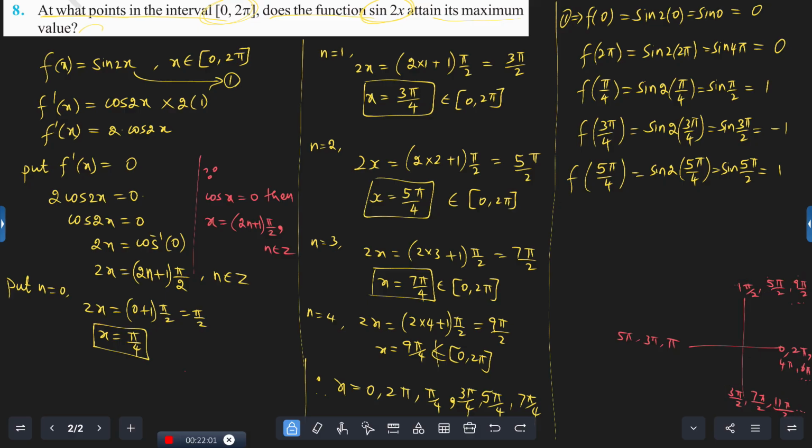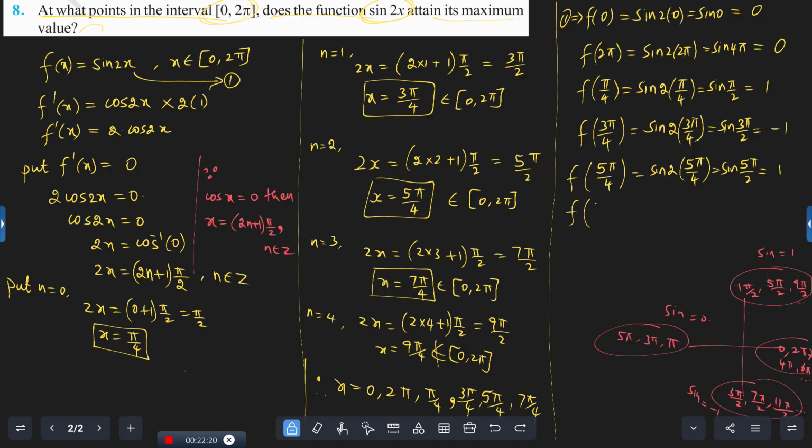Be careful. So here I'm getting sine equal to 1, in this value I'm getting sine equal to minus 1, and in both of these I'm getting sine equal to 0. That is what I'm telling. Have you understood?